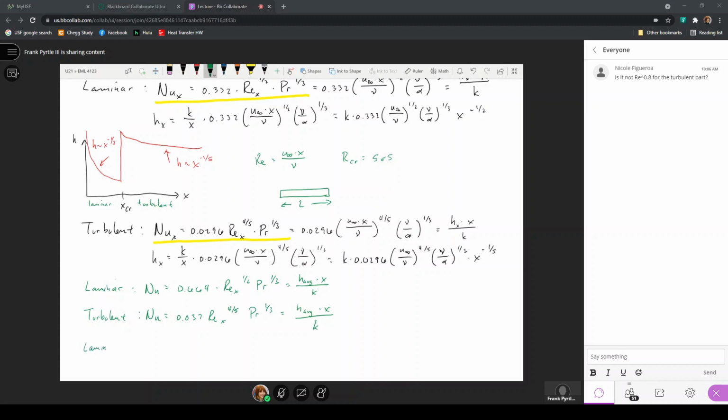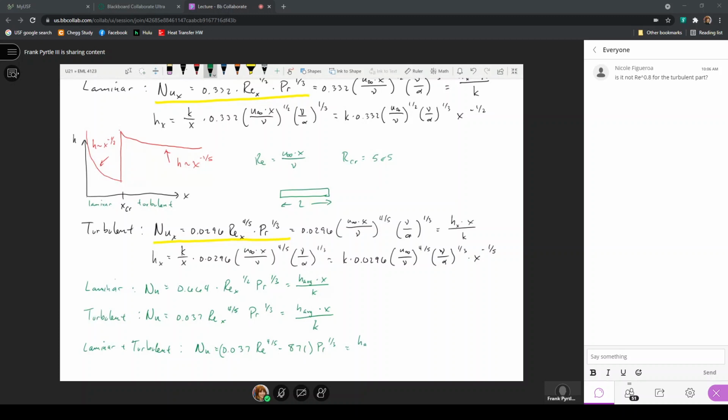For laminar plus turbulent, when we're trying to find an average heat transfer coefficient, the Nusselt number is defined as 0.037 times the Reynolds number raised to the 4/5 minus 871, this entire quantity multiplied by the Prandtl number to the 1/3.